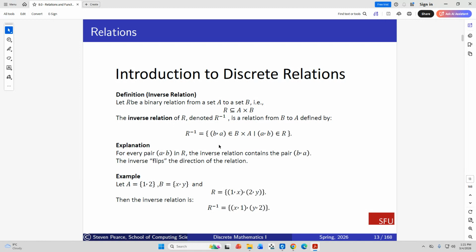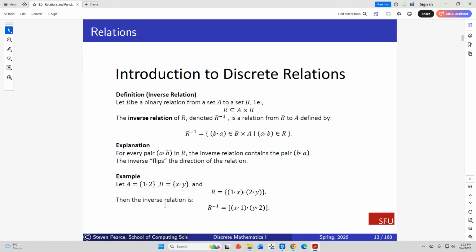Instead of A, B, now it's B, A, that's an element of B cross A. That's the inverse, where A, B is an element of R. You reverse them for the inverse relation. So for every pair A, B in R, the inverse relation contains the pair B, A. The inverse flips the direction of the relation. That's all there is to it.